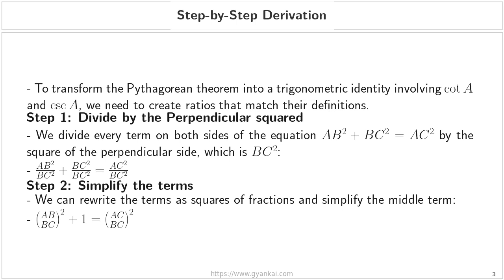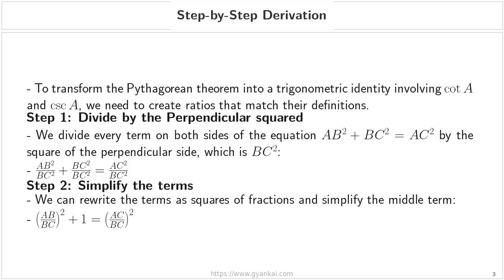Moving on to step 2, we can simplify this expression to make it much cleaner. First, we can rewrite those squared terms as the squares of entire fractions. So AB squared over BC squared becomes the fraction AB over BC, all squared. Next, look at that middle term, BC squared divided by BC squared. Since any non-zero value divided by itself is just 1, that term simplifies to 1.